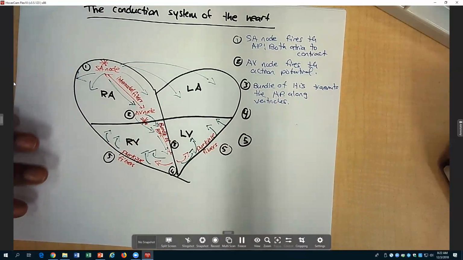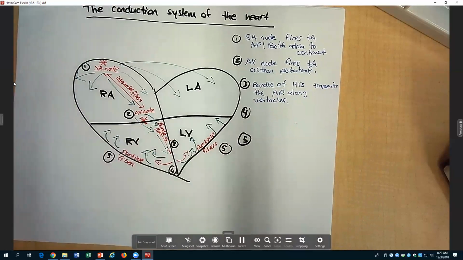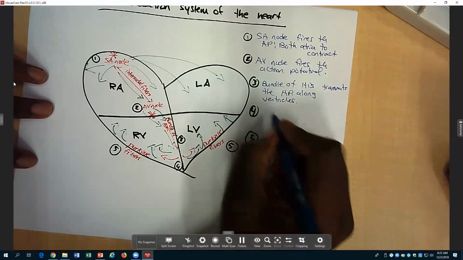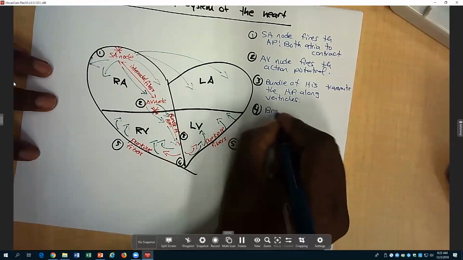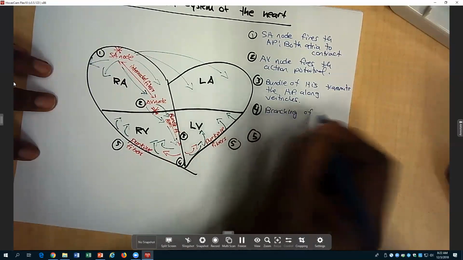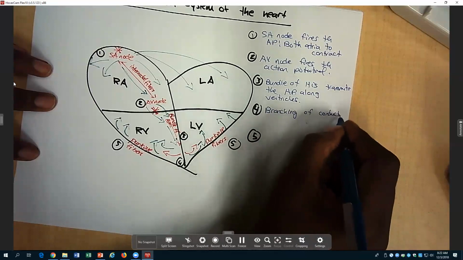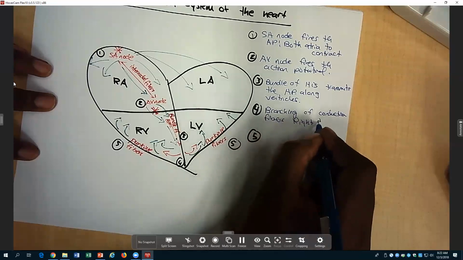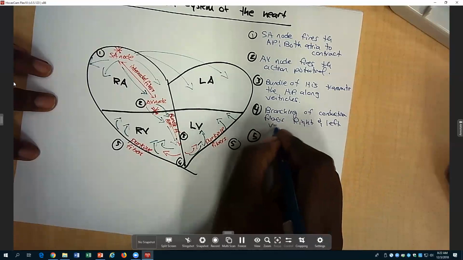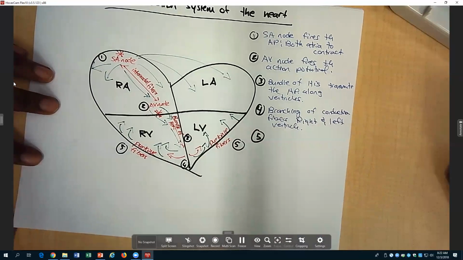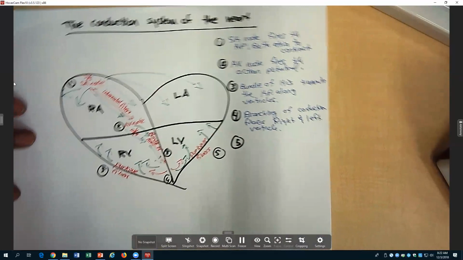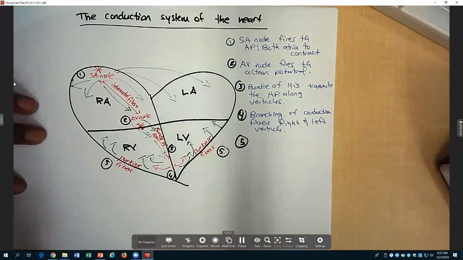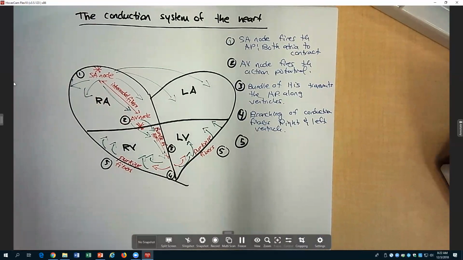Okay. Step 4 is it's going to branch off on either side of the base of the ventricles. Right, so we have a branching of conduction fibers, right and left ventricle. Okay, everyone still with me? Any questions? All right, and the last step is that the impulse is going to be propagated through the Purkinje fibers and up through the ventricles.